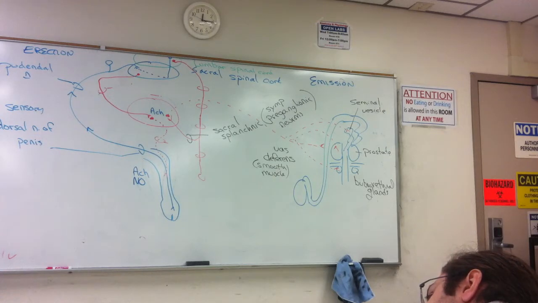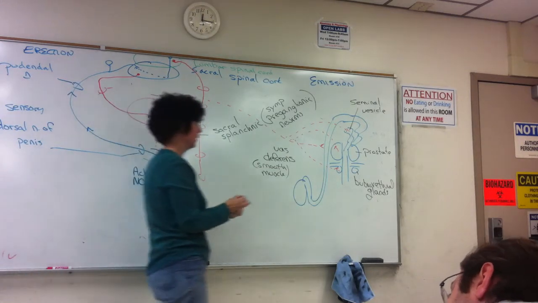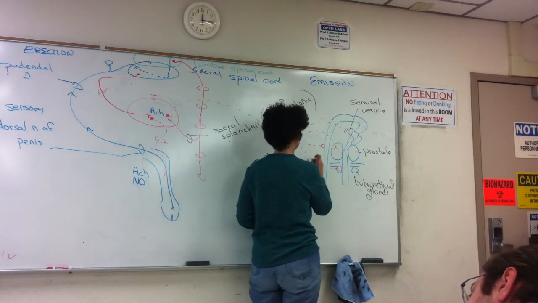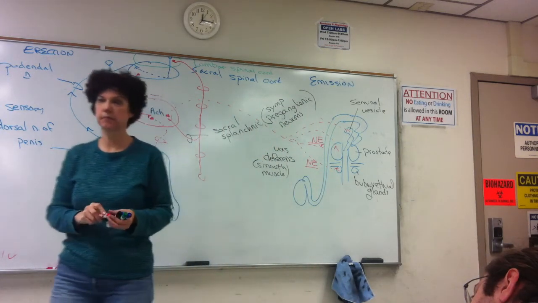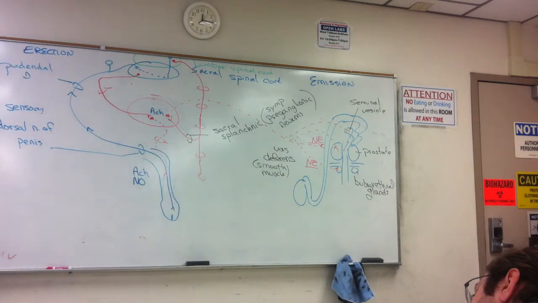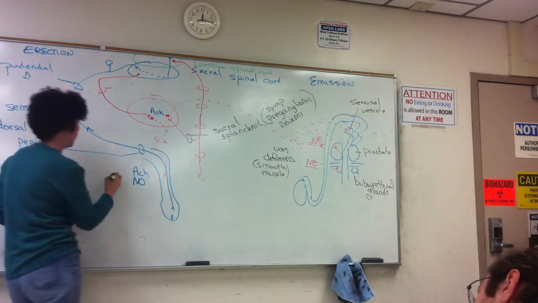So our neurotransmitter is norepinephrine, and that's going to result in the peristalsis of the vas deferens and the secretion of the glands. So that's emission.